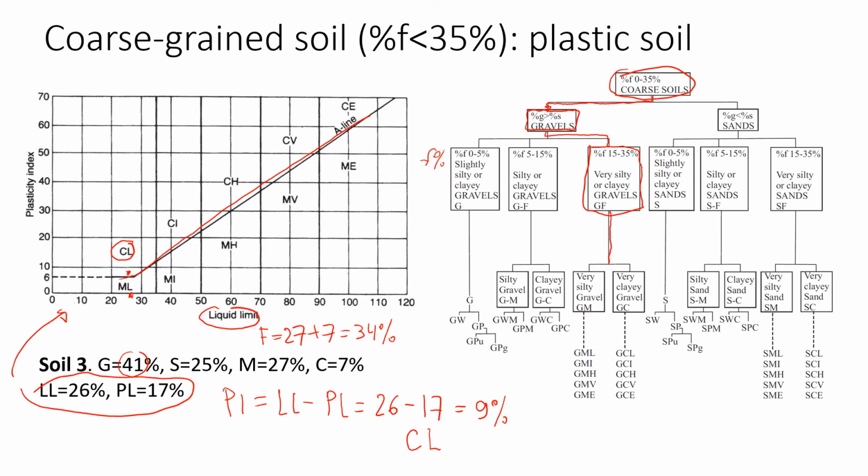And now what we need to do is we need to find the symbol CL in here, and that will give us the correct answer for the soil. And we see that CL is only here, which means that the soil is classified as GC-CL. So this is the correct answer.